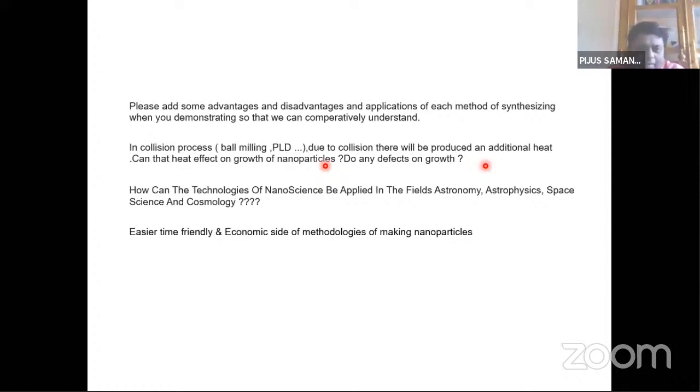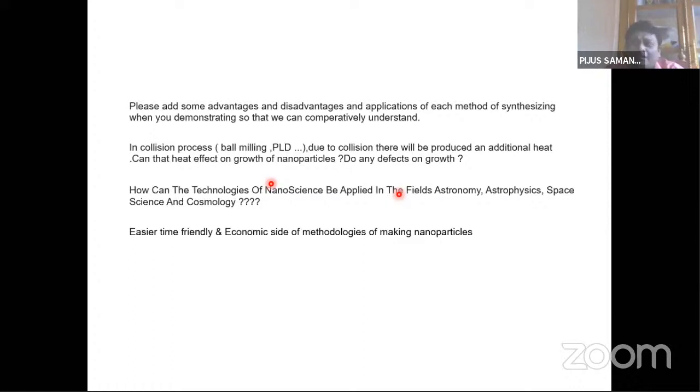How can the technology of nanoscience be applied in the field of astronomy, astrophysics, space science, and cosmology? It's not the application of nanoscience, you can say the application of material science. If we want to study space science, we have to collect samples from space.